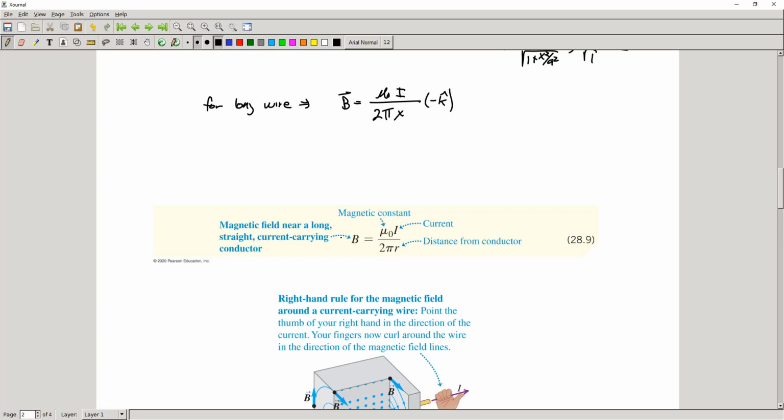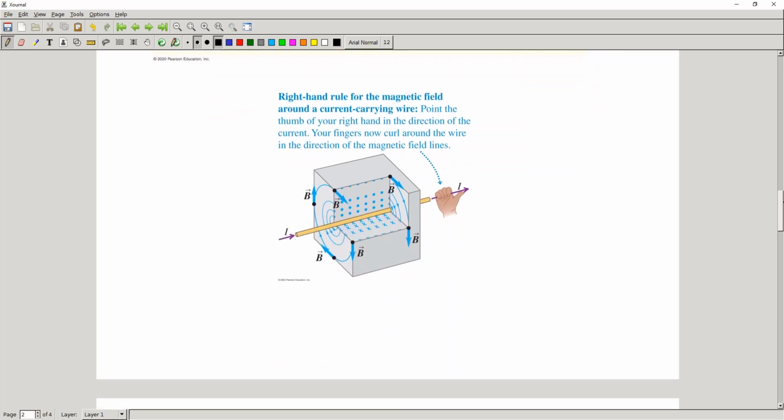This strips off that directional information, but the magnitude is going to be true no matter how we orient the wire. So we can use this result and not have to recalculate everything, but use the right-hand rule to reason out which direction this is going to have to point in, and we know that the magnitude will always be given by this expression here. So that's what we're going to do in this next example.